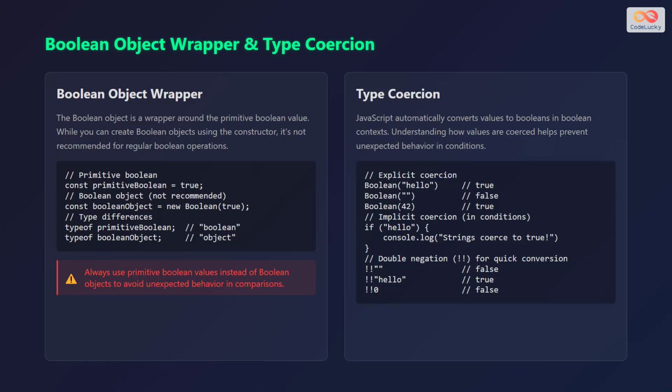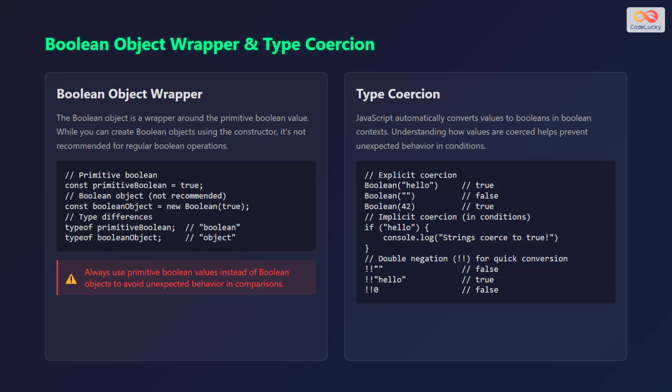JavaScript automatically converts values to Booleans in Boolean contexts. For example, a non-empty string like hello will be converted to true. An empty string will be converted to false. Similarly, a number like 42 will be converted to true. You can explicitly convert values using the Boolean constructor, and you can use double negation, which is represented by 2 exclamation marks, for quick conversion.